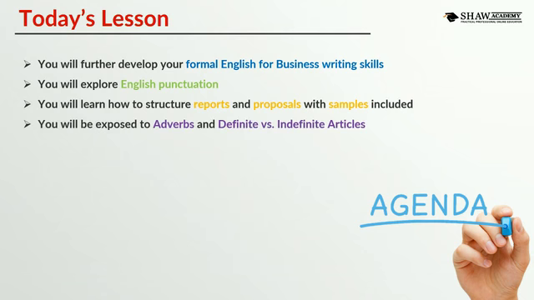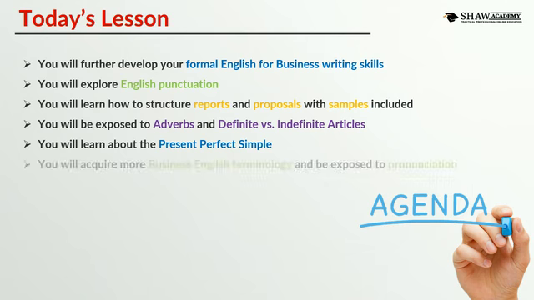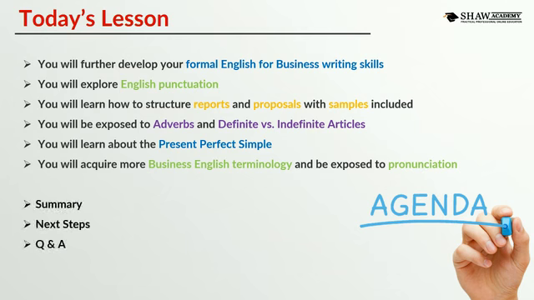You'll be exposed to adverbs and the definite and indefinite articles. And then you will also learn about the present perfect simple. All of this, of course, will be supported with my pronunciation, and we'll have a lot of new terminology. And then we'll finish with the summary, the next steps, and the question and answers round at the end, okay?